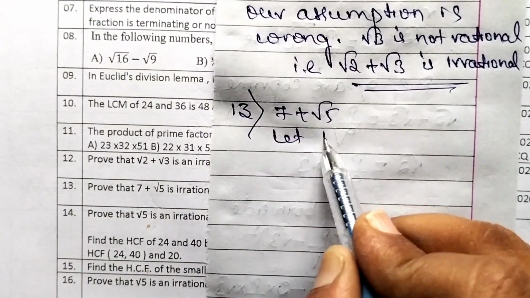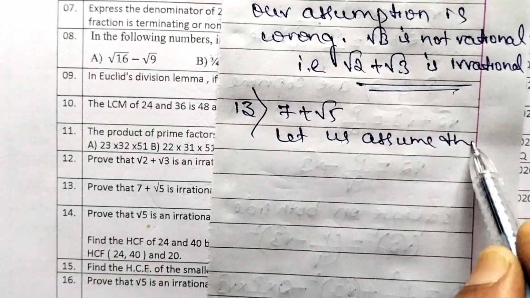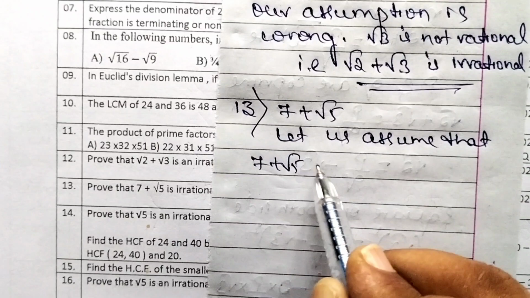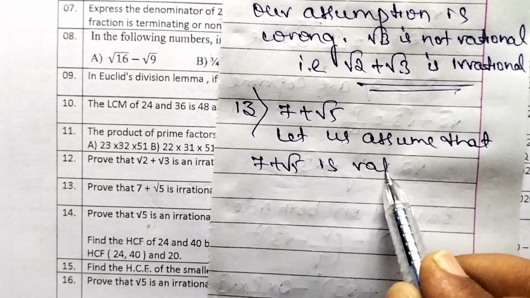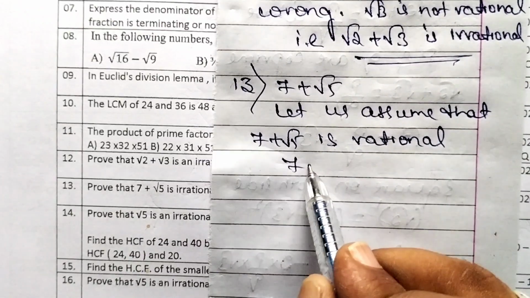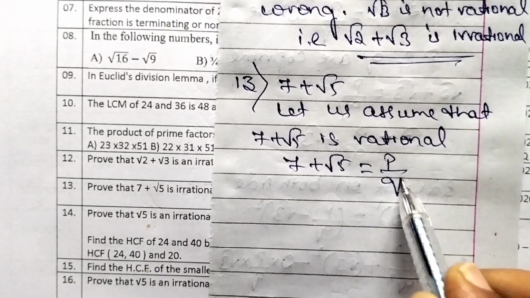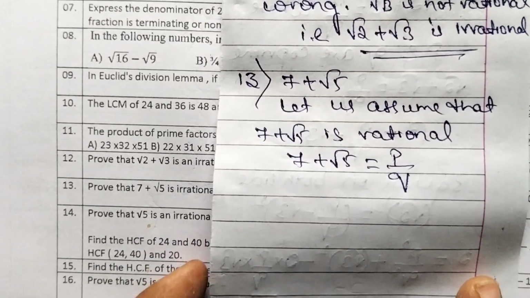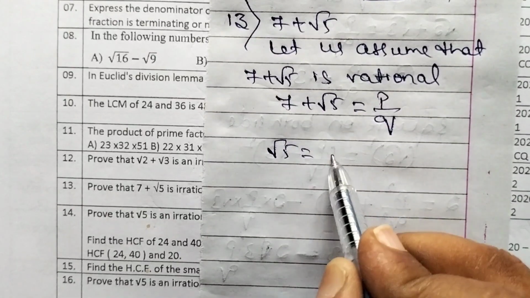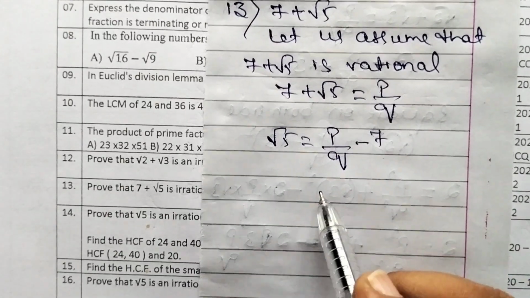First sentence, let us assume that 7 plus √5 is rational. If it is rational, then 7 plus √5 is equal to p/q. So √5 is equal to p/q minus 7, you shift plus 7, it will become minus 7.